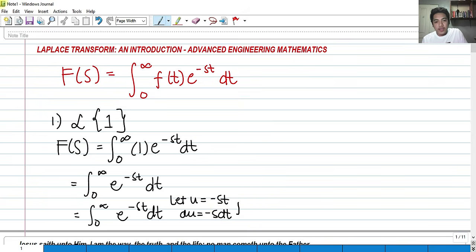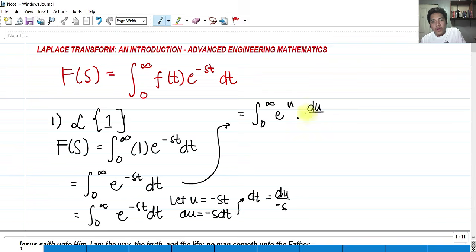So dt is equivalent to du over negative s. If we perform u substitution, we have the integral from 0 to infinity of e raised to u, and our dt is du over negative s. I can factor out 1 over negative s because s is a constant as we are integrating in terms of t.